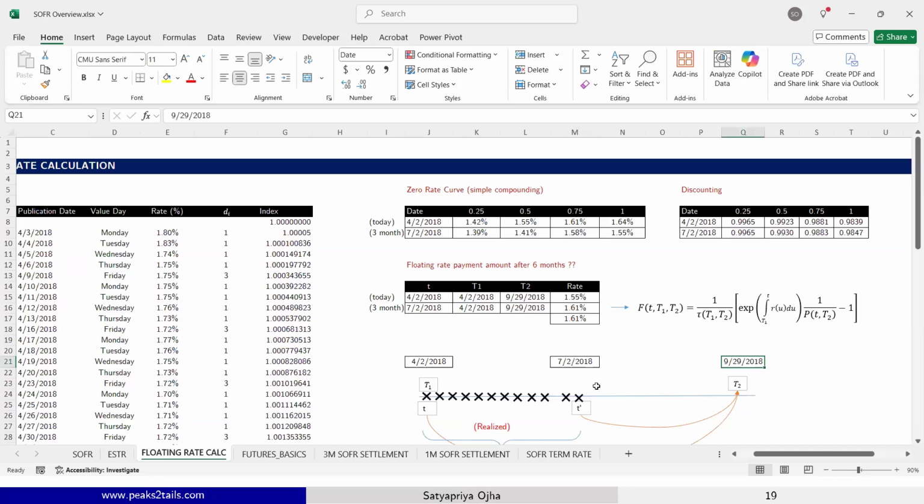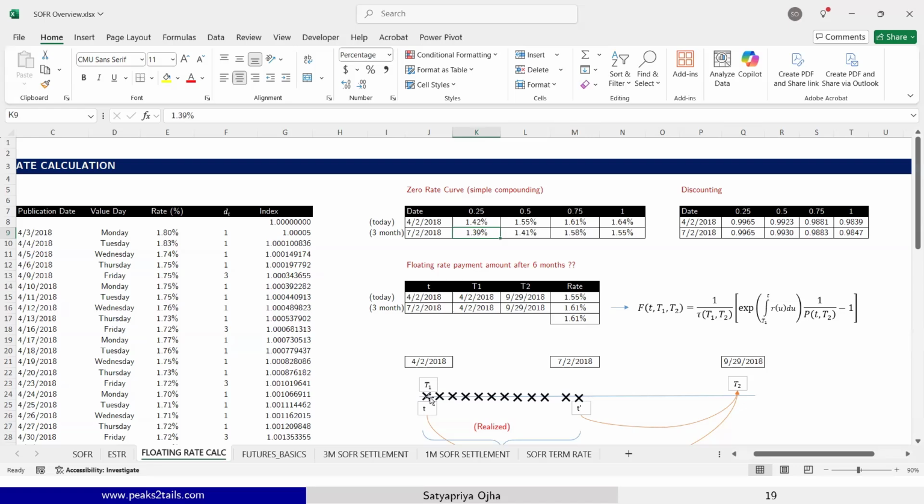That needs to be sandwiched or clubbed with the compounded rate that has been realized over the last 3 months. Make sense? So the new 6-month rate that will determine my floating coupon payment on 7/2 uses the 3-month rate for the remaining period, which is 1.39%.